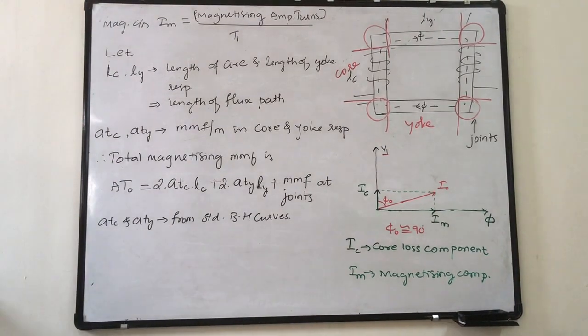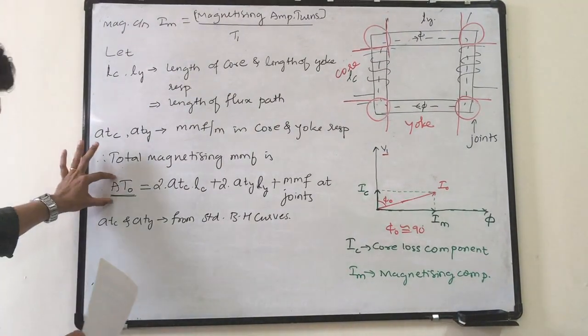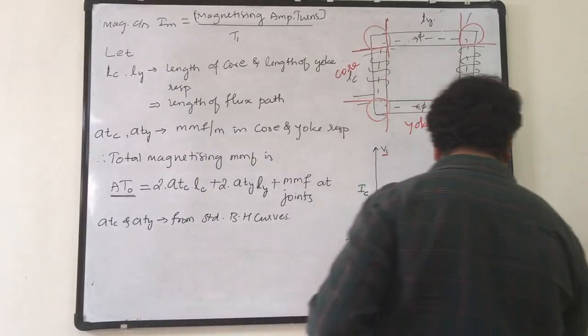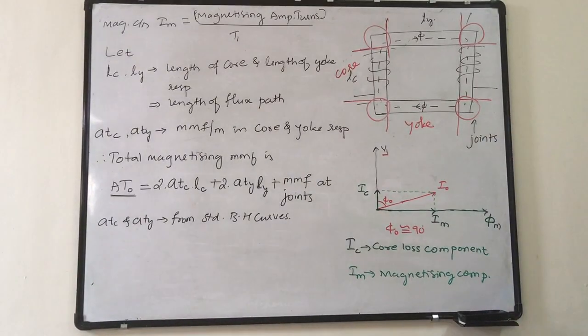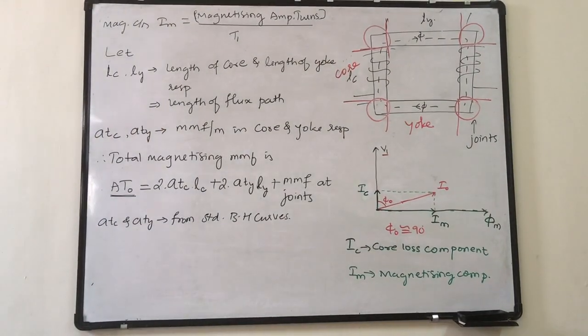So whatever value I am getting, AT naught is the maximum value, because my magnetizing ampere turns will produce my maximum flux phi m. These AT naught will produce the maximum flux phi m, but I want the RMS value.